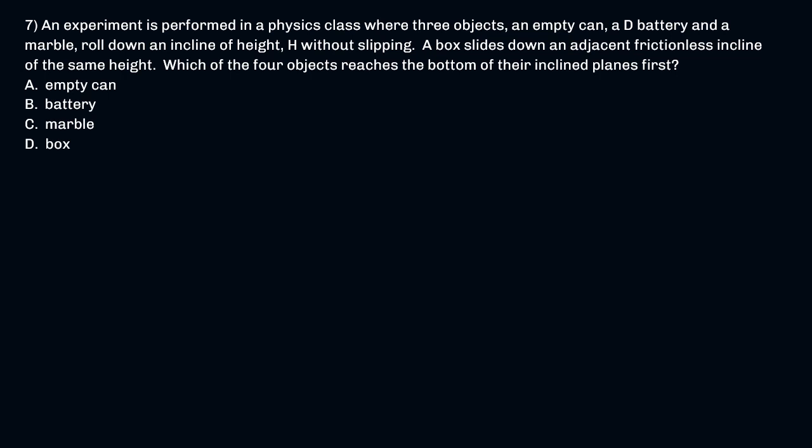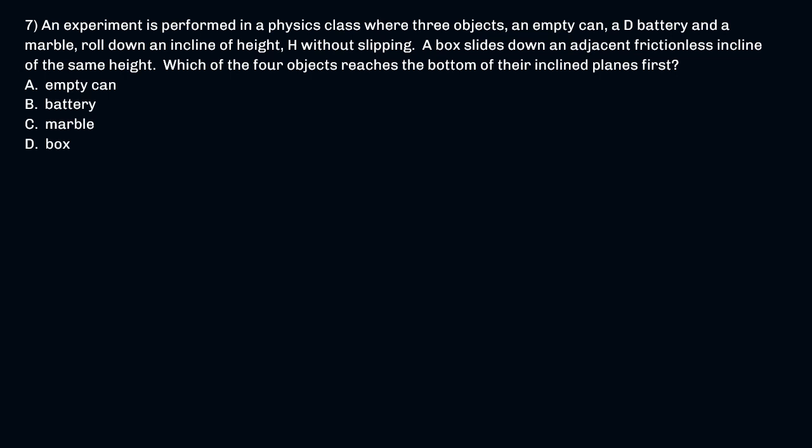You can test this at home if you have, say, an ice block versus a can. The ice block should easily make it to the ground first if you have some kind of incline. If you have a box as well, and maybe some WD-40 or something like that to make it frictionless, or try your best to make it frictionless, set them off both at the same exact time, and you're going to see that the box reaches the ground first.